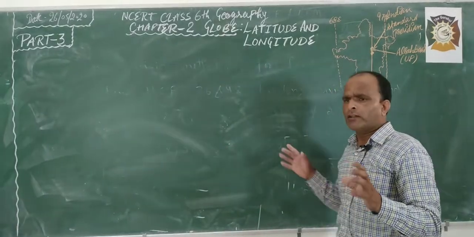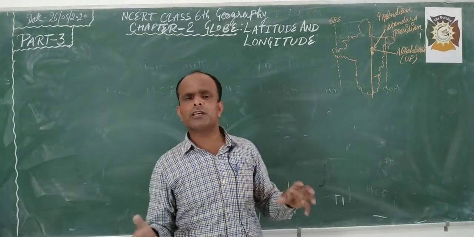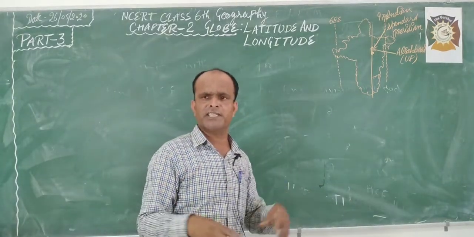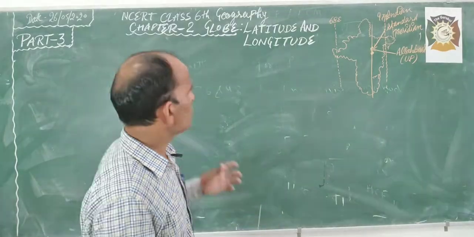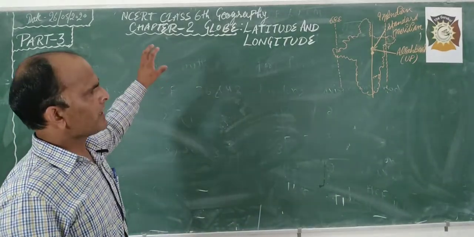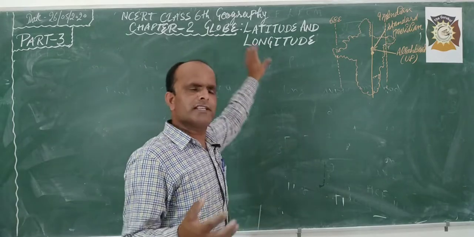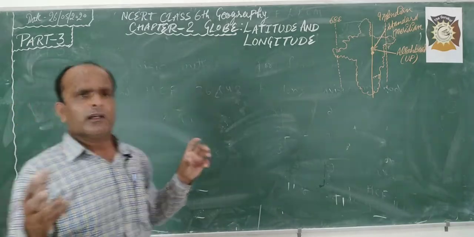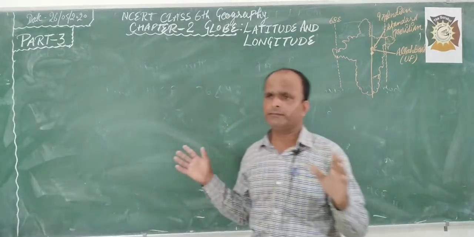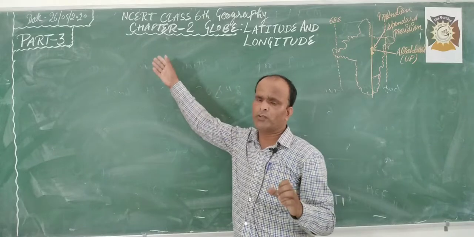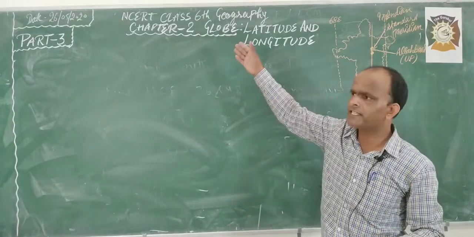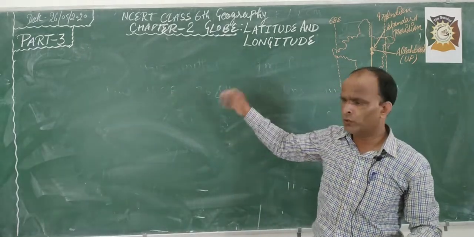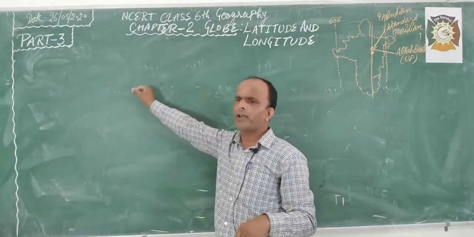You know that longitudes are measured in degrees, and degrees are divided into minutes, and minutes into seconds. Because longitudes are semicircles, all the longitudes have equal length, and due to the equal length we cannot imagine the perfect location.